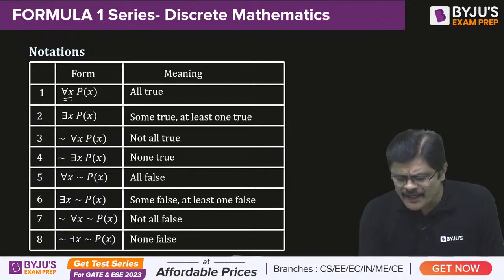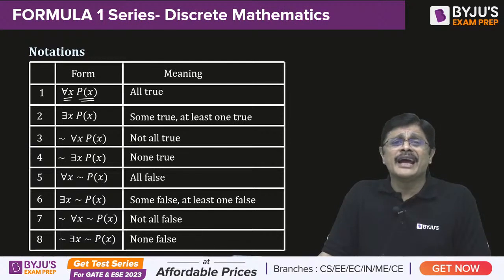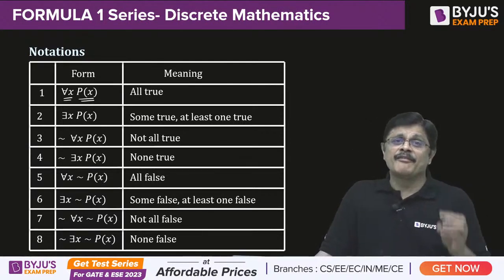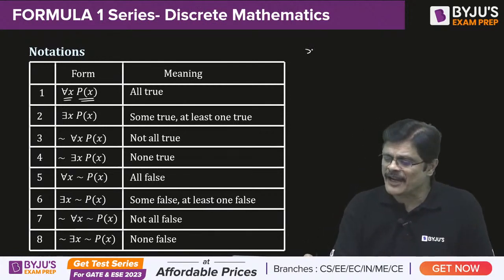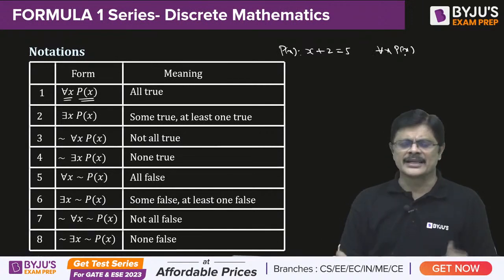Here, this is a quantifier and this is a predicate. See, for all values of x, p of x is true. That is what I want to say. For example, if I have x plus 2 is equal to 5, I can say this is a predicate. I say that for all x, p of x.